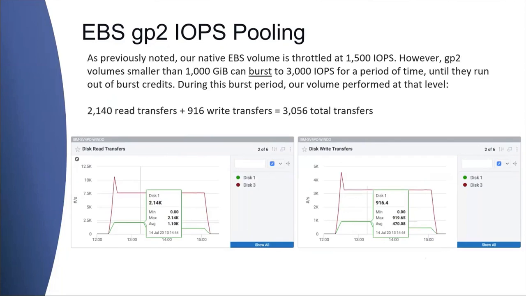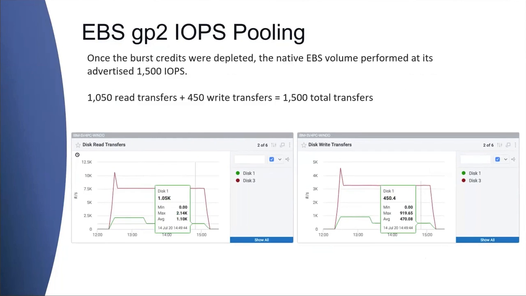So the total IOPS I was able to do, here's my read transfers and my write transfers during the burst credit period: I was able to achieve 3,000 IOPS versus that straight line 2,000 IOPS that we were getting earlier. And then once we depleted those burst credits on the native EBS volume, we were back down to 1,500 IOPS for those transfers.